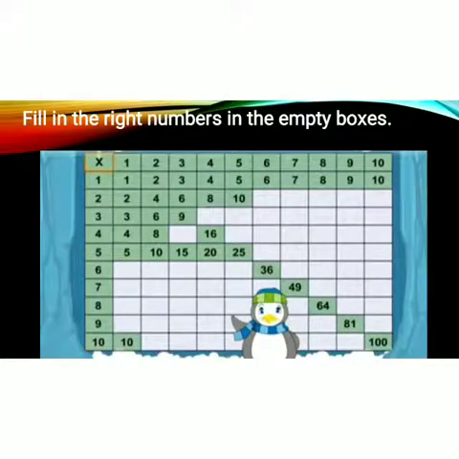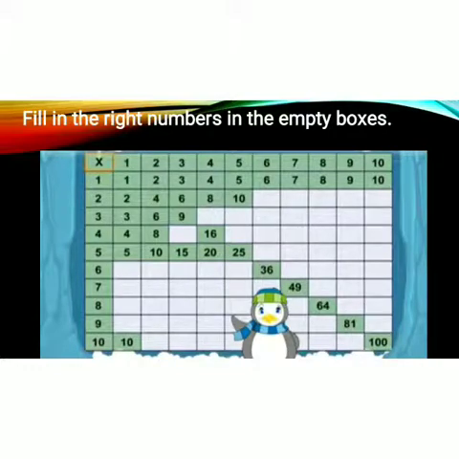When you see horizontally, the numbers 1 to 10 are given, and when we see vertically, again the numbers 1 to 10 are given, and in the left corner there is a sign of multiplication. If you observe it carefully, then you can easily understand which numbers we are getting here. We can easily make the tables with the help of these boxes.